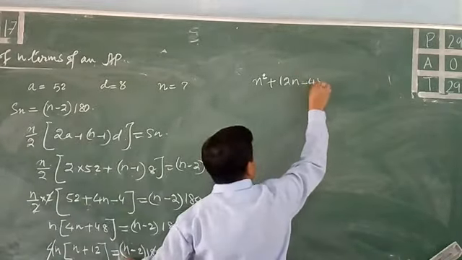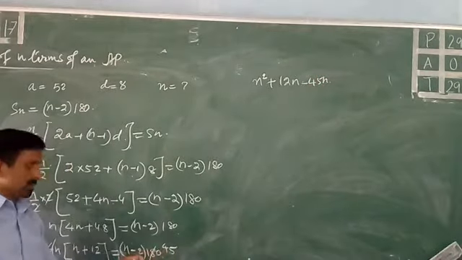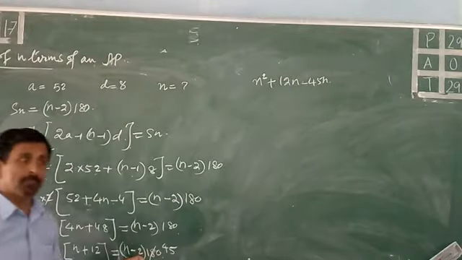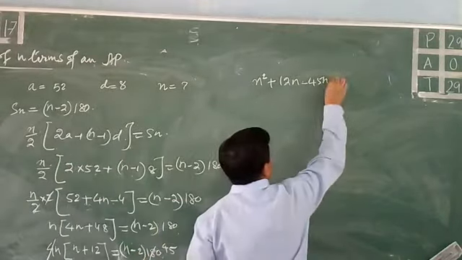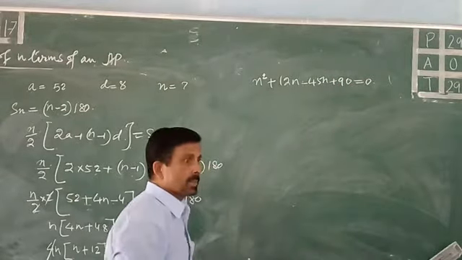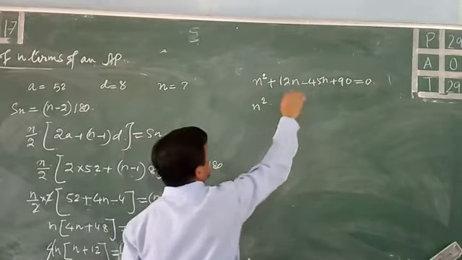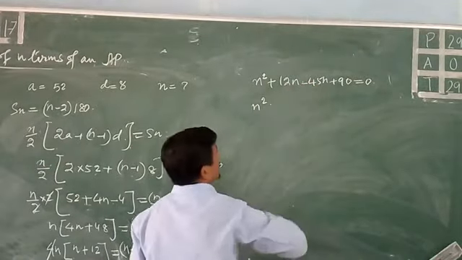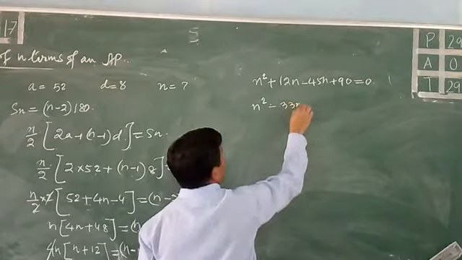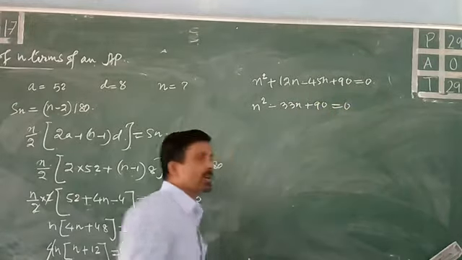This will be minus 90, and when it comes to the left side it will become plus 90, is equal to 0. Is it okay? Yes. Now n square, simplify these two because they are like terms. So this becomes how much? Minus 33n plus 90 is equal to 0. What kind of equation is this one?